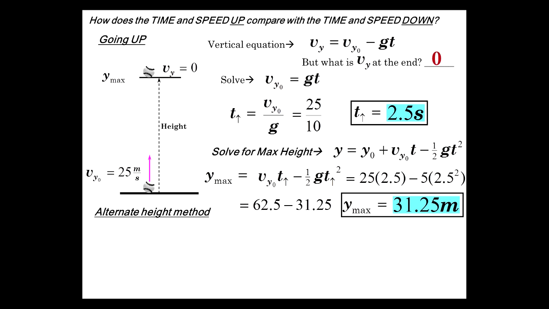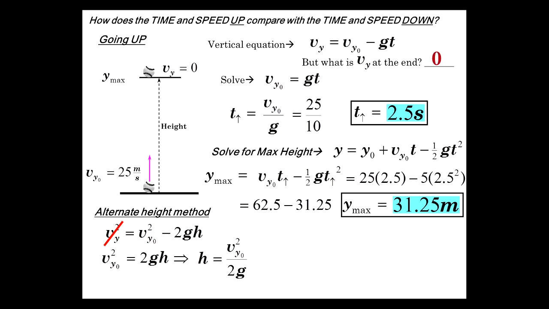Another way we could have gotten the height. Could we get the height if we didn't know the time to the top of the flight? Well, the answer is yes, and it's using equation 6. So I'm looking for this, the height of the ball. Recognizing that at the top of the flight, Vy is 0, so this part is 0. That'll be helpful. Solve for h. Do we have everything we need? Well, let's see.